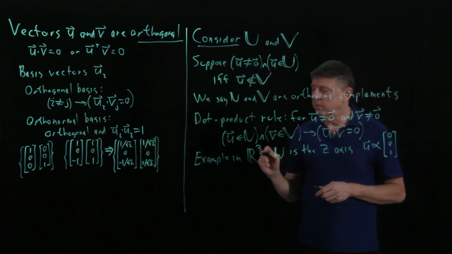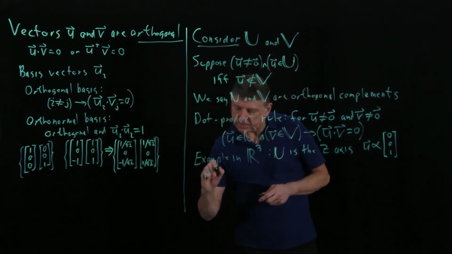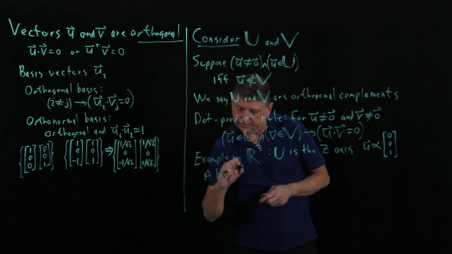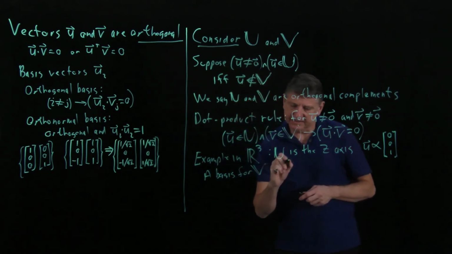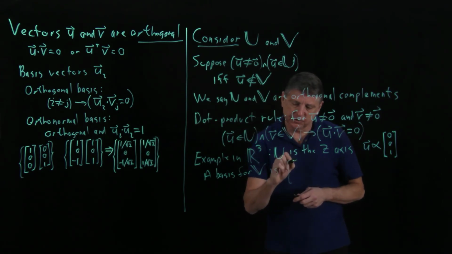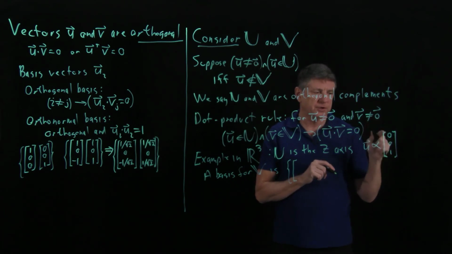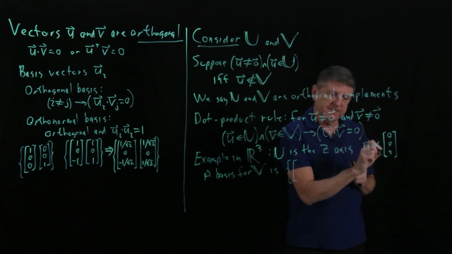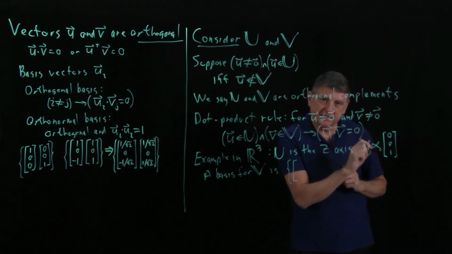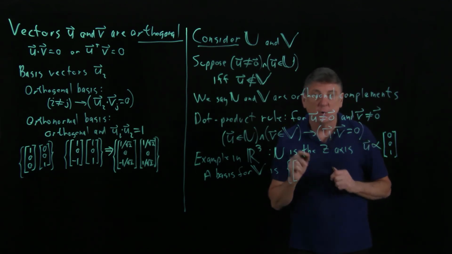And then what we would say is that a basis for V is the set. So what vectors are guaranteed to be orthogonal to (0, 0, 1)? Well, they are the set of vectors that have a 0 in the third entry. And so if we set up a basis that has zeros in the third entry, we're good.